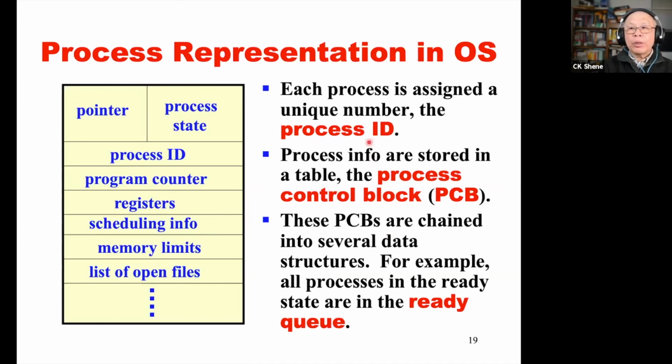When a process is created, the operating system simply assigns a unique ID, which is an integer. We call it process ID or PID. We have seen this when we discussed the PS command. We cannot use the program name as an identification because you could run a.out multiple times.